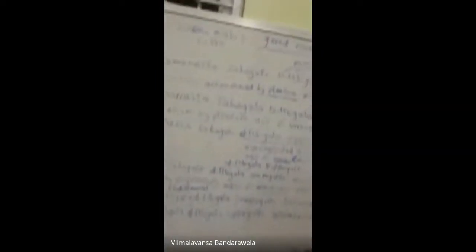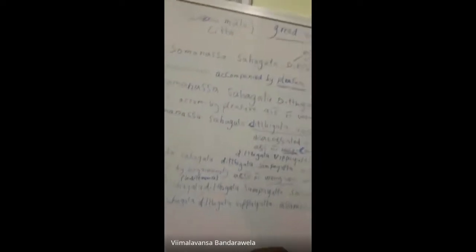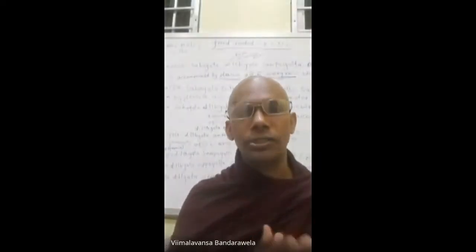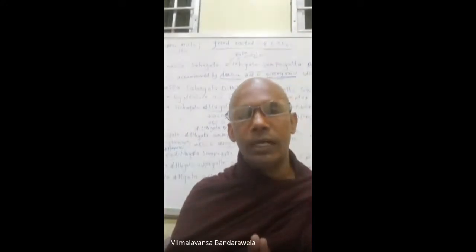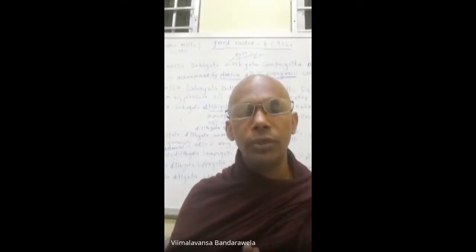Okay, now number 8. The 8th consciousness, right? So now we are still on the greed-rooted consciousnesses. Somanasa sahagata means the consciousness accompanied by pleasure. Ditthigata sampayutta means associated with wrong view, unprompted.